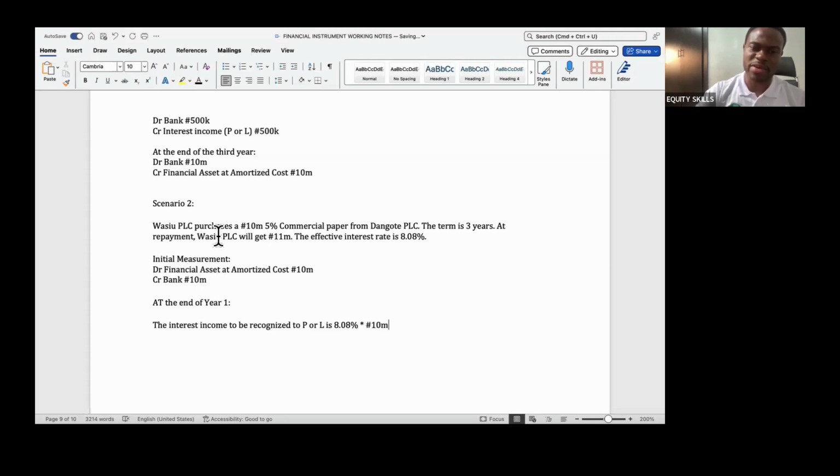Unlike the previous scenario where what we recognized in P&L was purely 5%, because that was the only income we were making, in this case it has to be 8.08% because this encompasses everything, both the 5% and the premium. If you punch your calculator, you should be looking at something like 808,000, right?